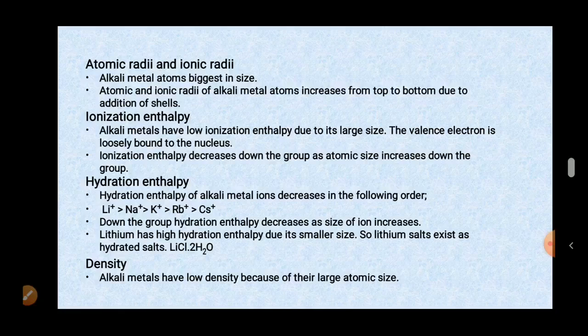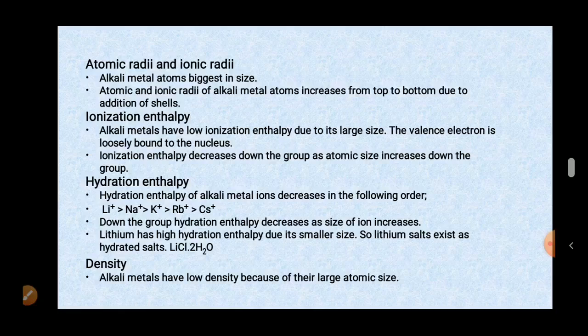Based on that concept, ionization enthalpy for group 1 elements, the alkali metals, decreases down the group due to increase in atomic size. I hope you understood.